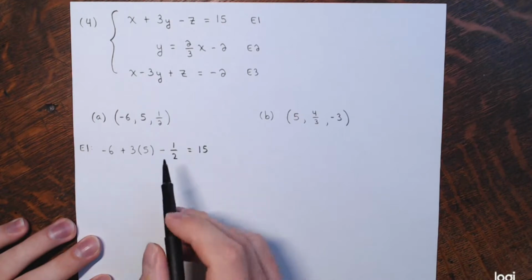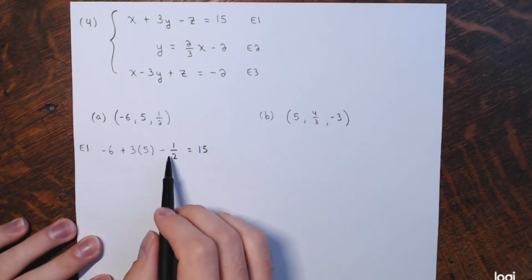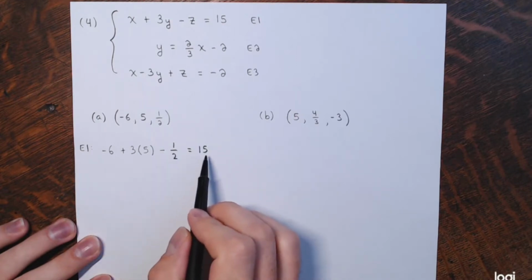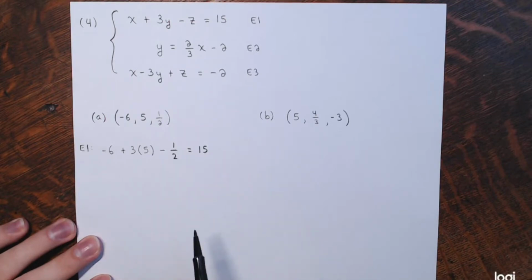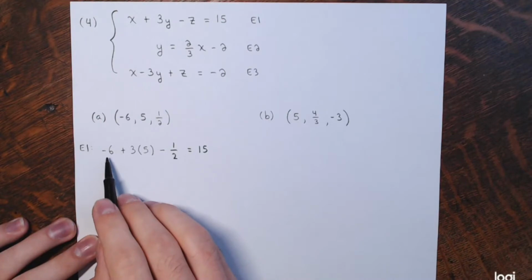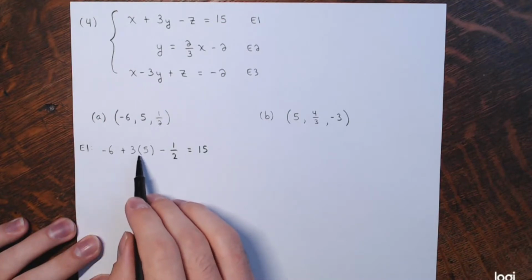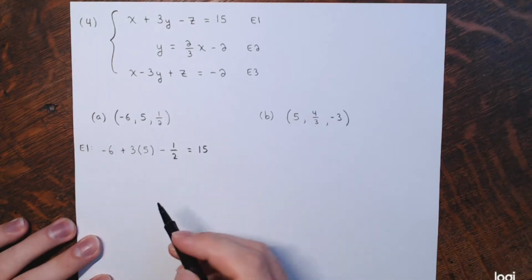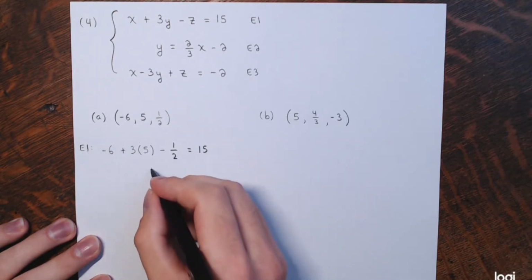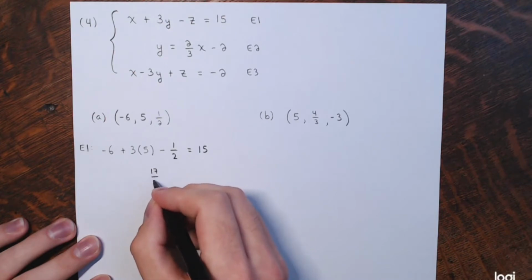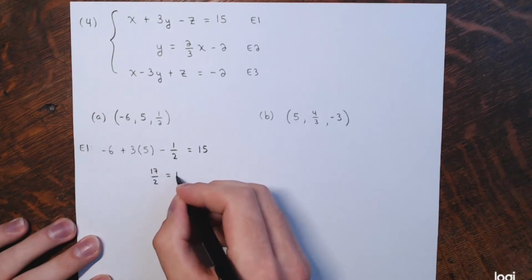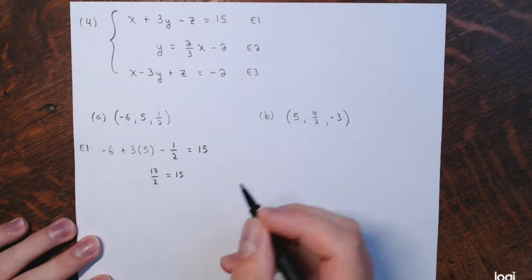You have 2 integers plus some non-integer, which is not going to be an integer. So I can tell you right now this is going to be false, but let's put it together. -6 plus 15, that'd be 9, minus 1/2 would be 8.5, or 17/2. Is that equal to 15? No, 8.5 is not equal to 15.